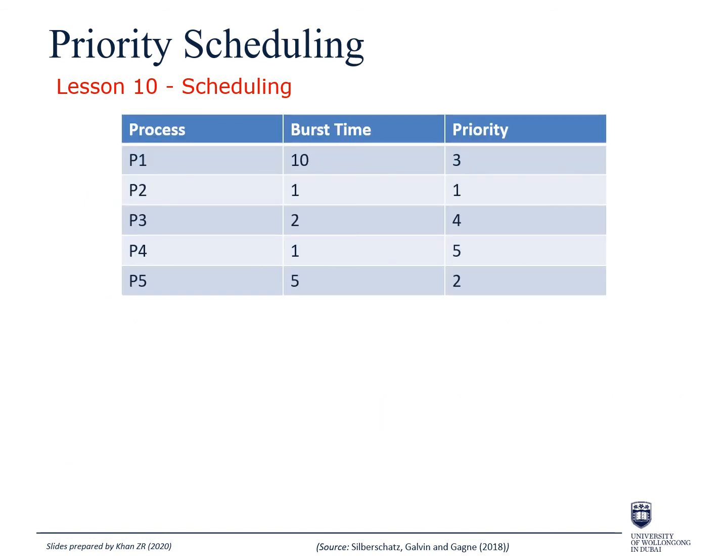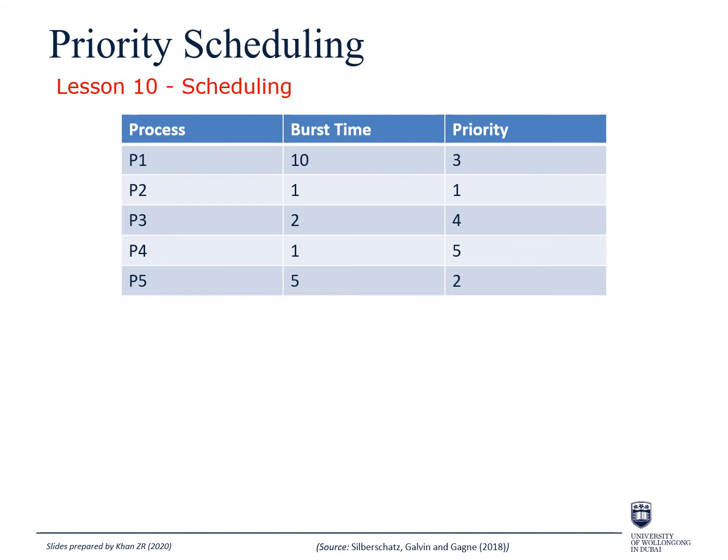So if you've got this table, the first two columns are what you have been seeing so far, the processes and the burst times. Now we have an additional column called priority. As you can see, P1 takes 10, P2 takes 1, P3 takes 2, P4 takes 1, P5 takes 5.